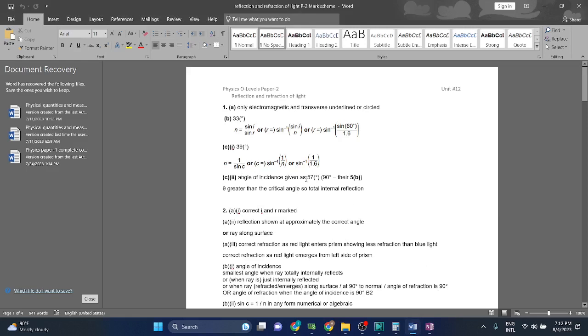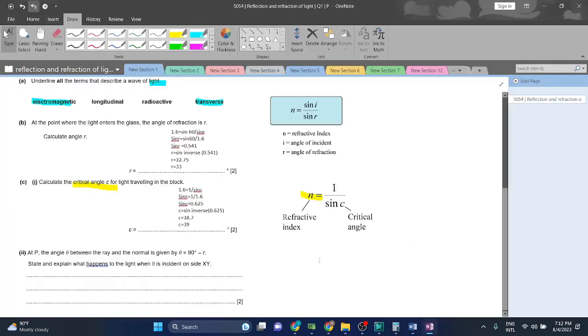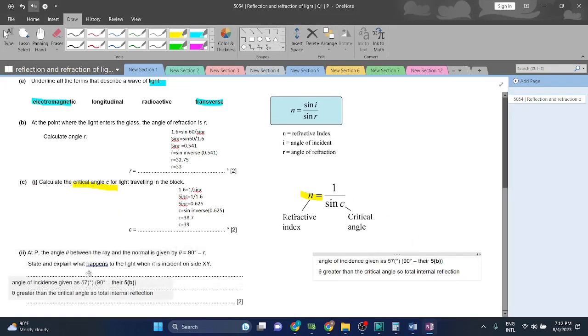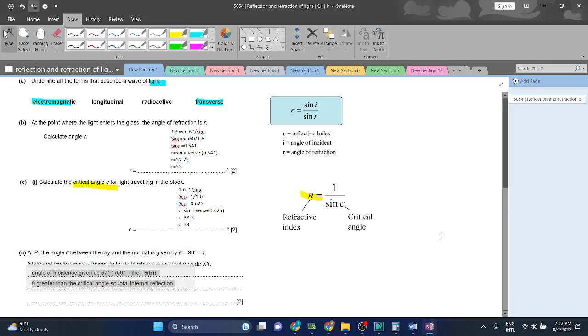So the angle of incidence is given as 57, theta is greater than the critical angle, so total internal reflection occurs. Very simple question. Now keep this in mind: when theta is greater than the critical angle, total internal reflection will occur. Okay?